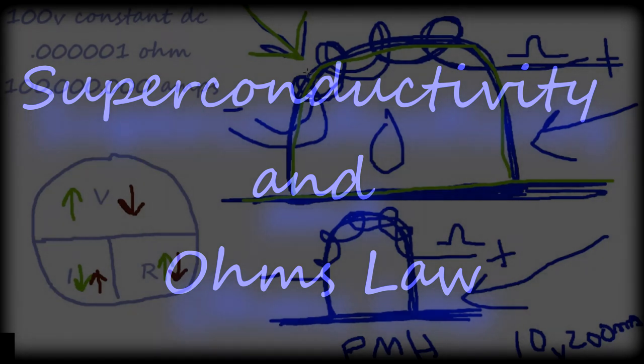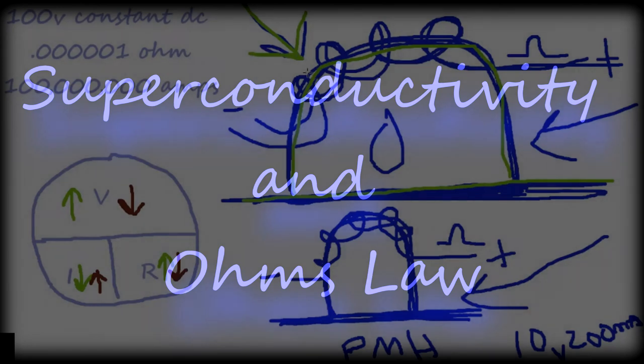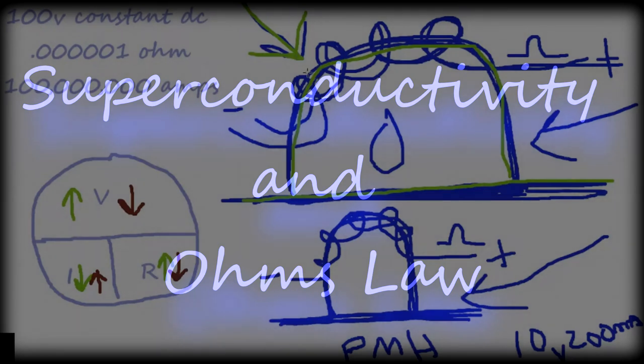Let's see here. Let's say you got 100 volts constant current, and you're sending it through a superconductor with 0.000001 ohms.